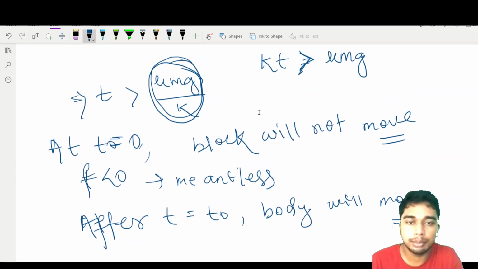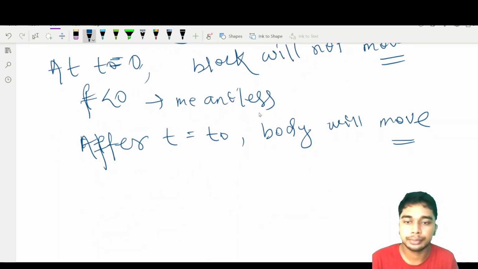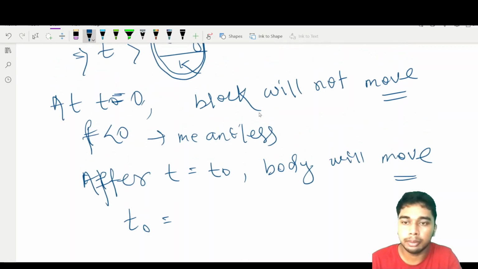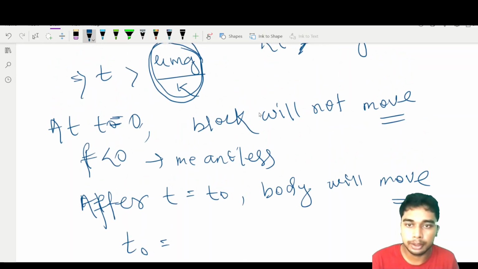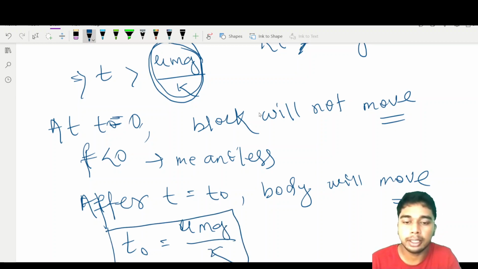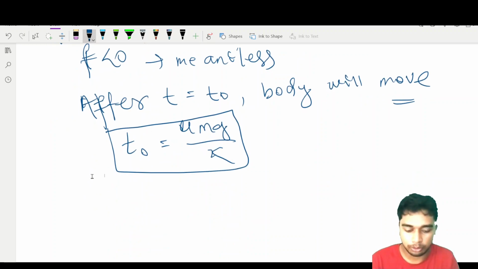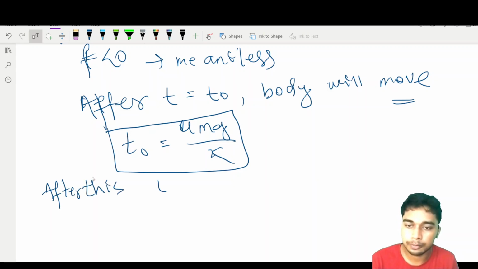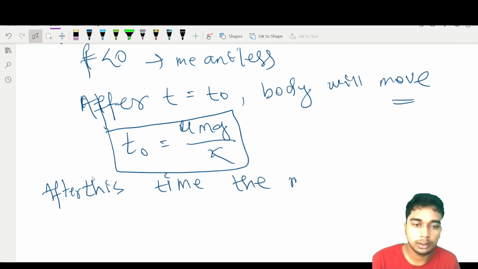So I will simply write, t naught is equal to mu mg by K. So after this time the block will start to move. After this time the block will start to move.